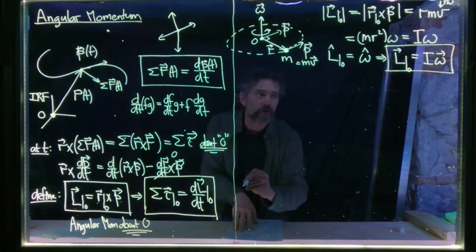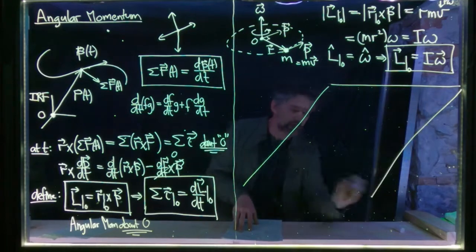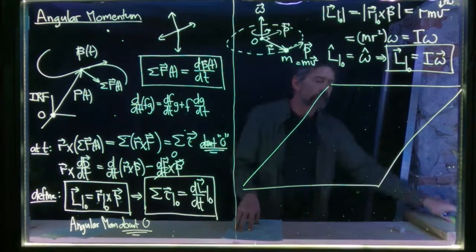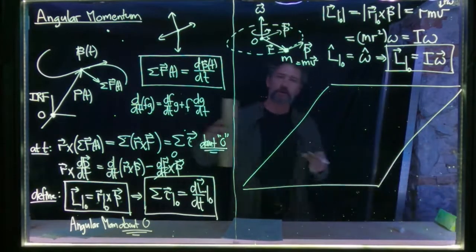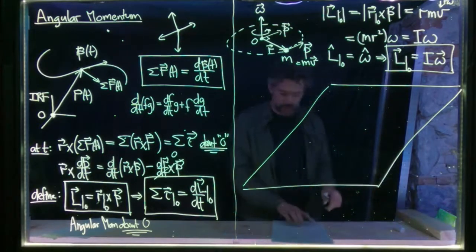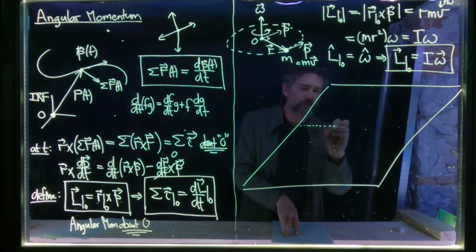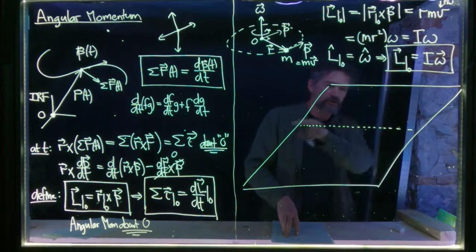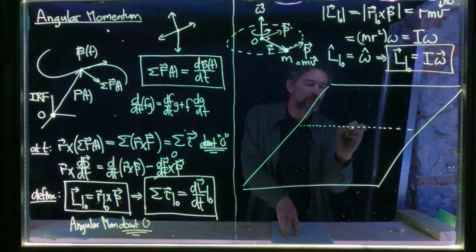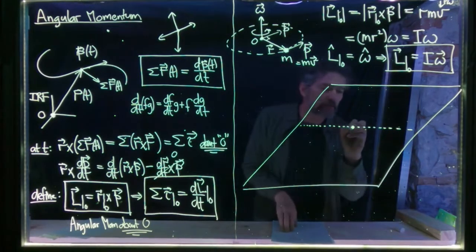Here is a horizontal plane, and we are going to have an object in linear motion, moving in that plane along a straight line, horizontally. At one particular instant of time, suppose that the object is right there. So that's our p at time t.